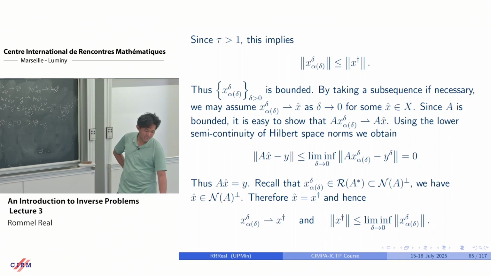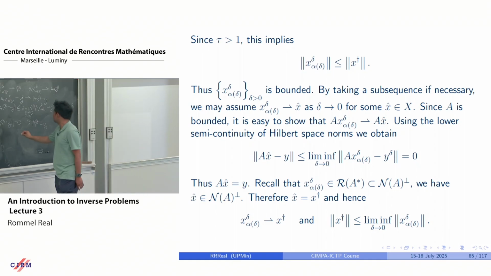And from the previous review that we had on analysis, the range of A star is contained in the orthogonal complement of the null space of A. Because the null space is closed, the same holds for its orthogonal complement, so it also follows that the limit point of the regularized solutions must also belong to this orthogonal complement.